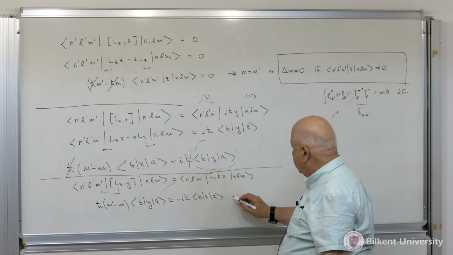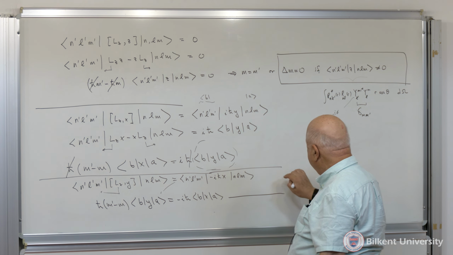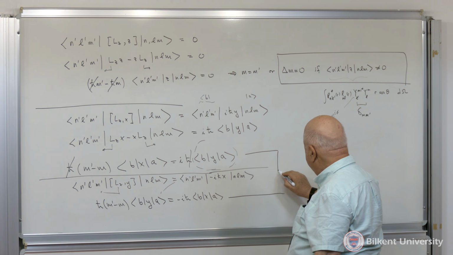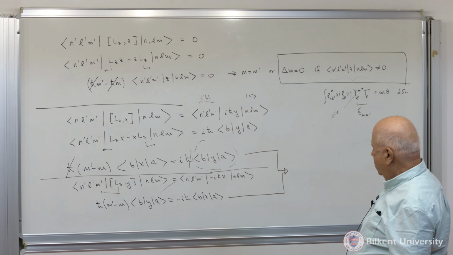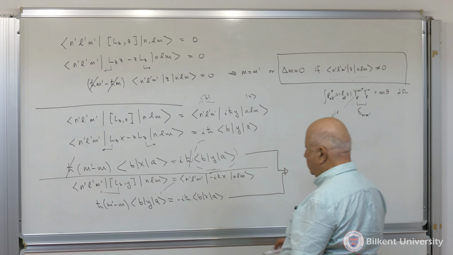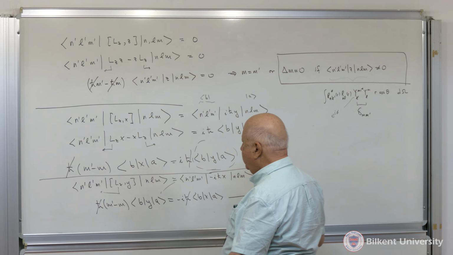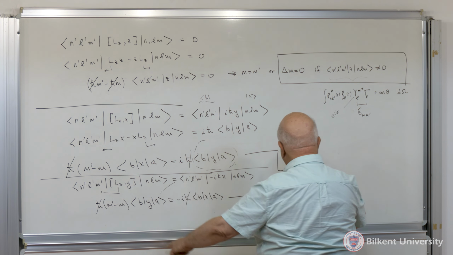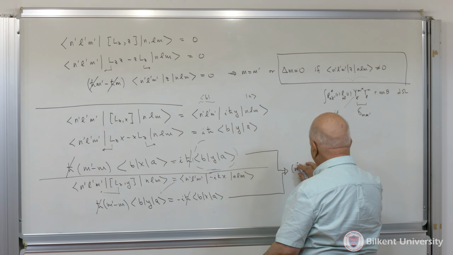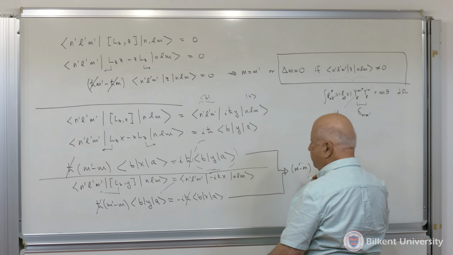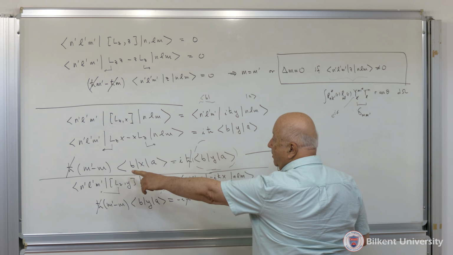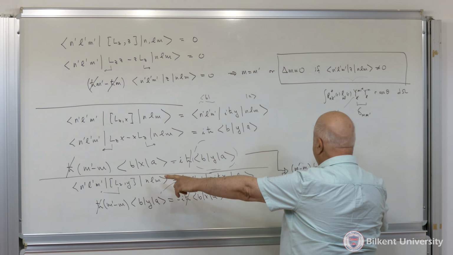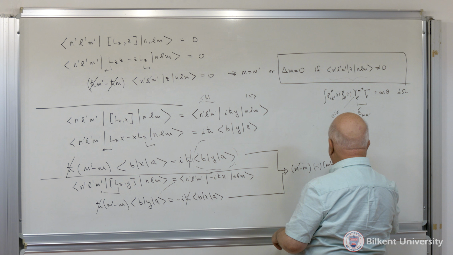So I'm going to combine these two objects. The ħ's have cancelled, and this is going to be (m' - m) <B|Y|A>, which is going to be minus i times (m' - m).